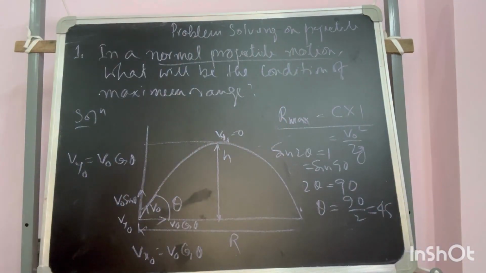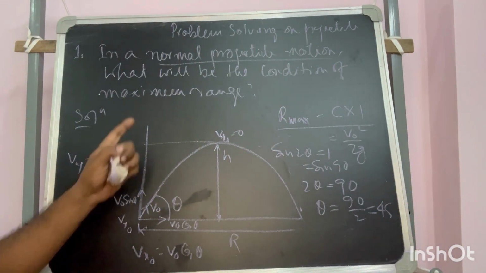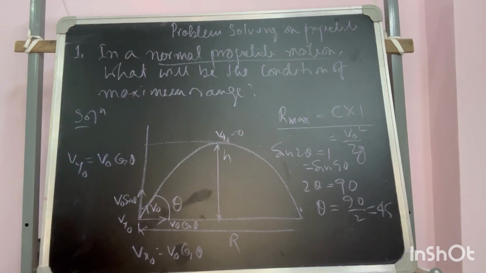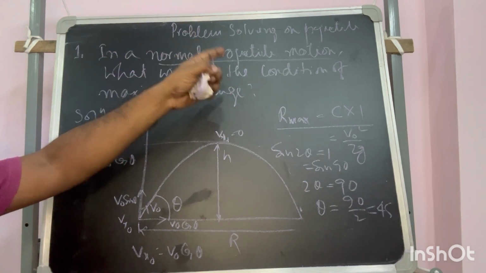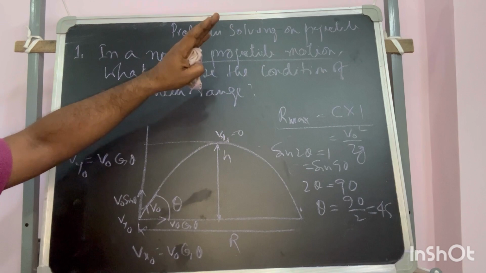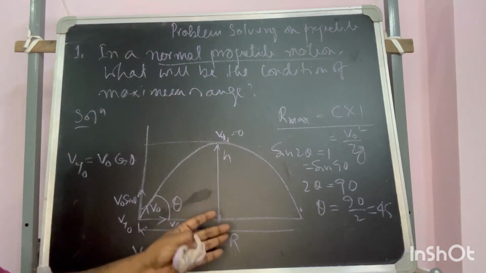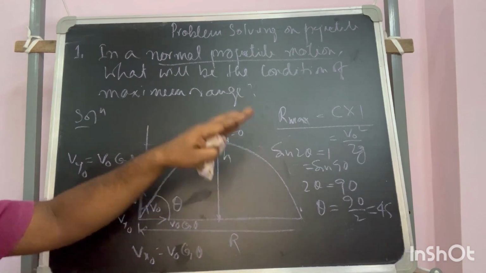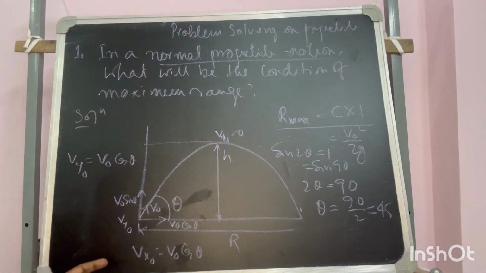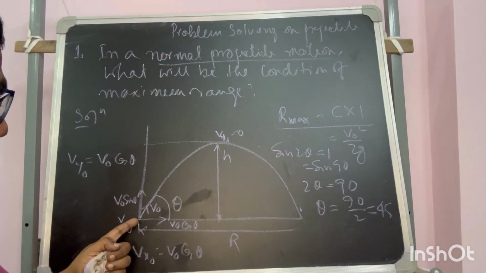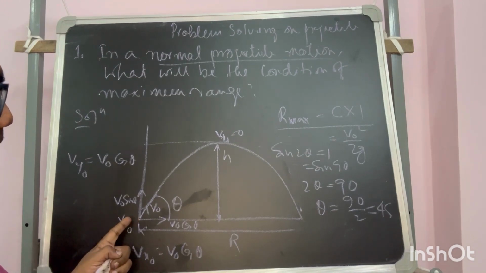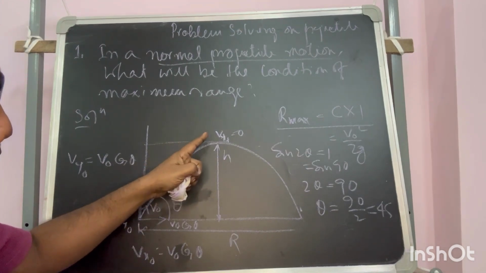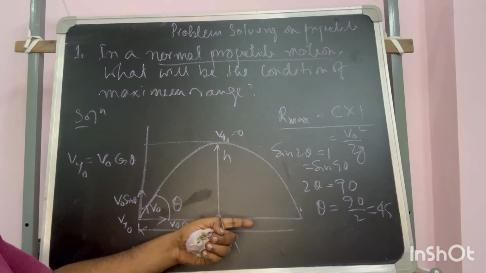That means for any normal projectile motion, why is it being said normal? Because there is no other consideration of restriction or force being applied on the system once it is thrown. So that's why it is called normal. The condition should be such that it has to be thrown at an angle of 45 degrees with the horizontal.